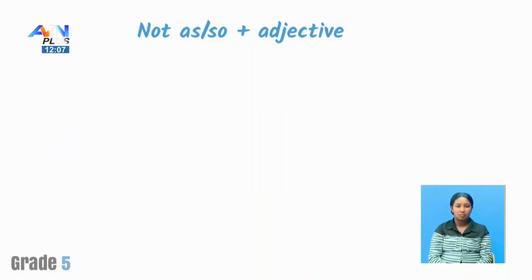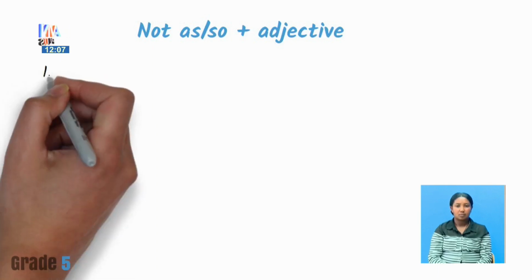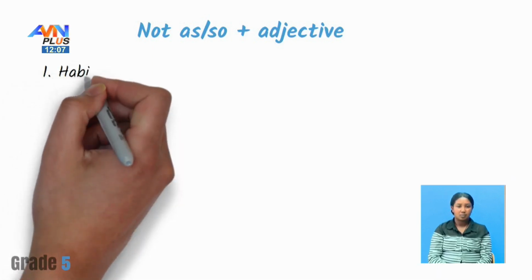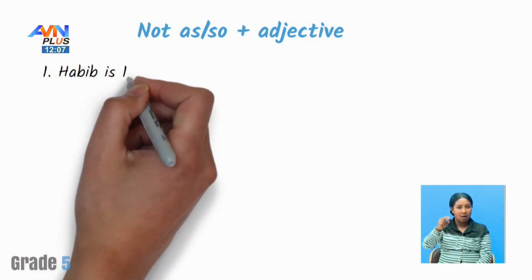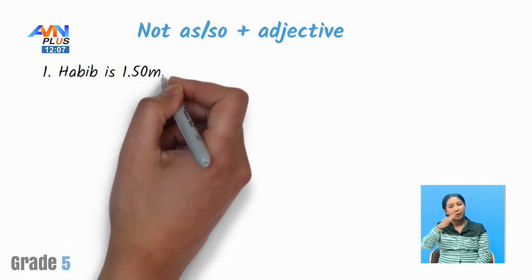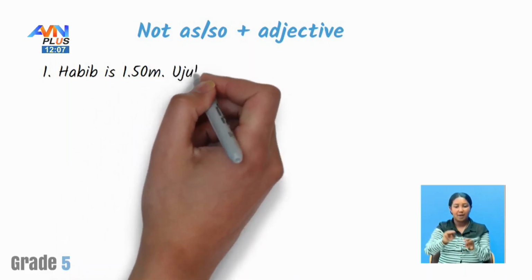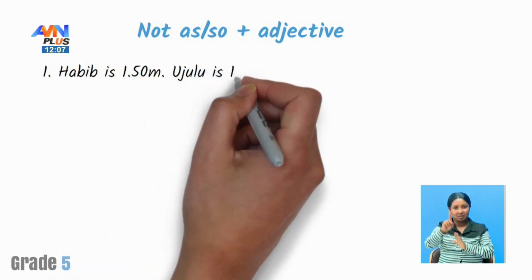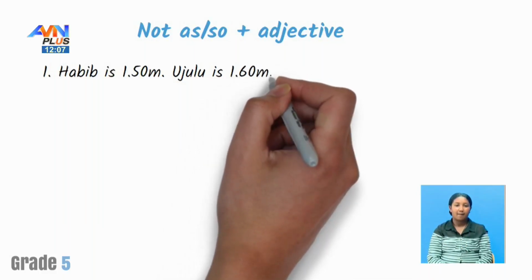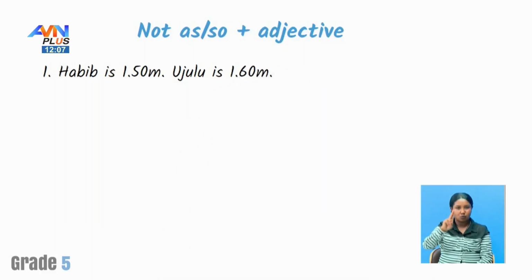Habib is 1.5 meter. Ujulu is 1.60 meter.